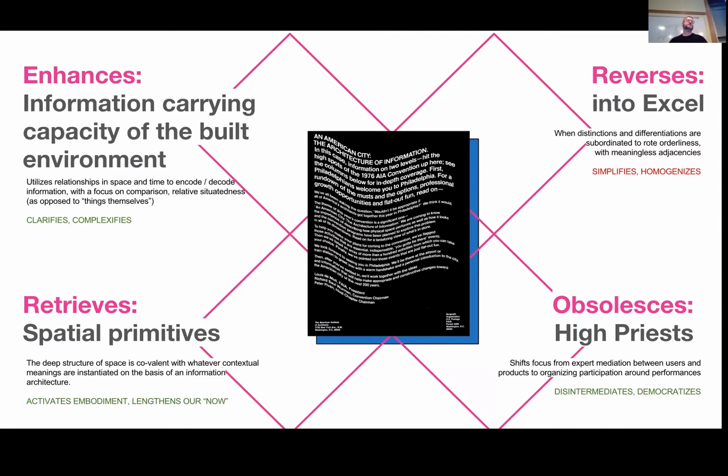Last week we talked with Mr. Wurman a bit. Information architecture being something that he really materialized as a thing in the world in 1976 at this conference. That's what that picture in the middle there is, the advanced program for this conference. I had the idea of running this analysis on Wurman-style information architecture. What kind of a medium is it, and how might we use this analysis to understand it?